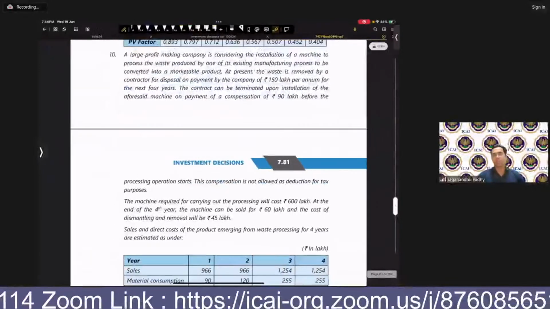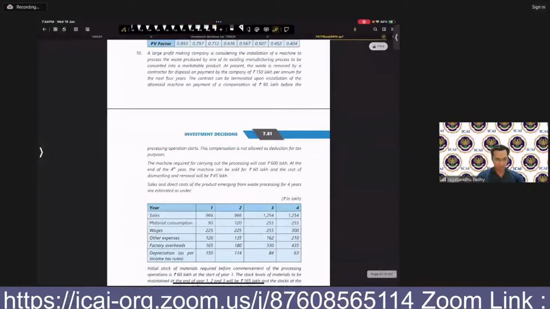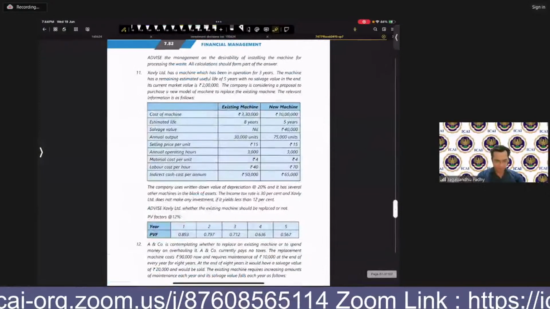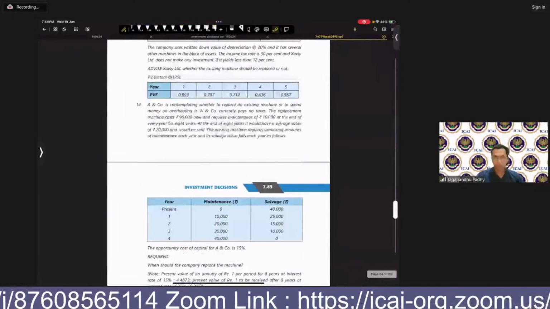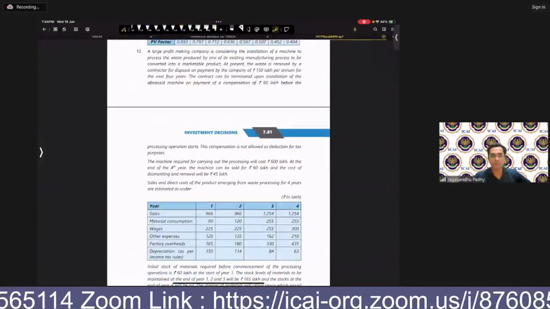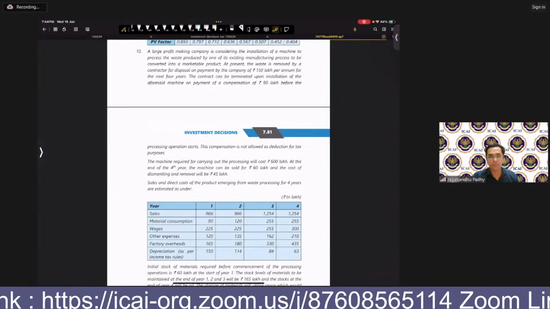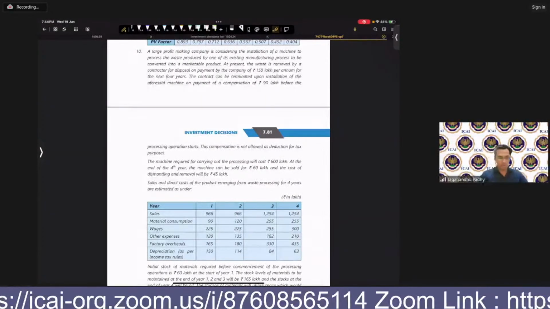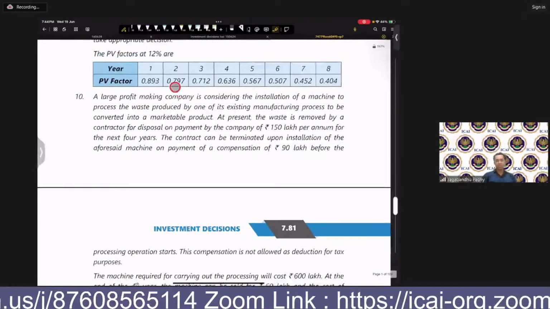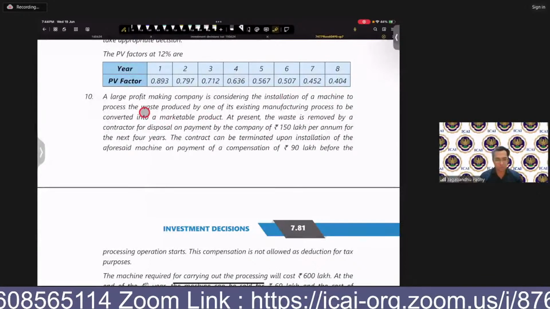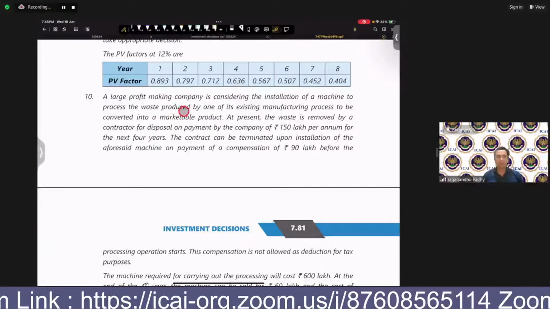Okay, let's look at question number 10. Let's try to solve this question. A large profit-making company is considering the installation of a machine to process the waste produced by one of its existing manufacturing processes, to be converted into a marketable product.